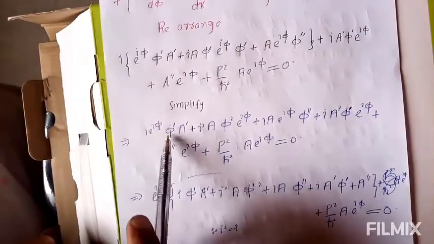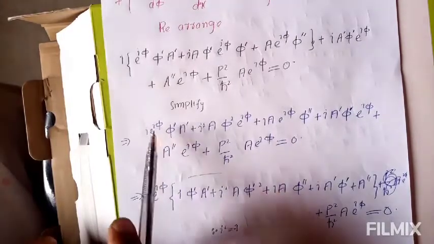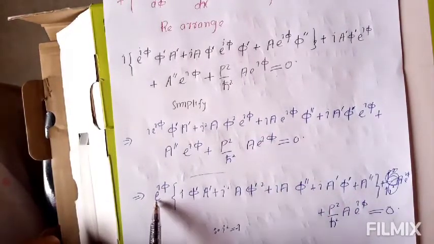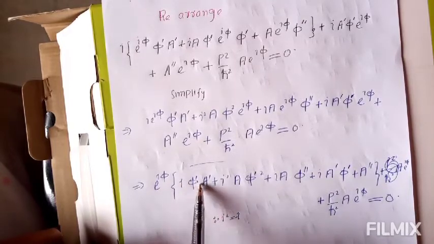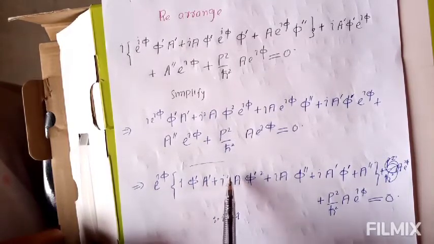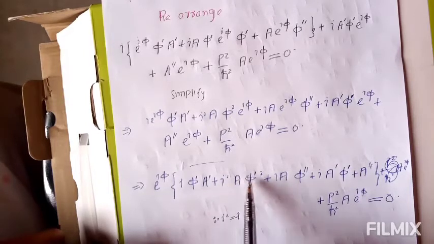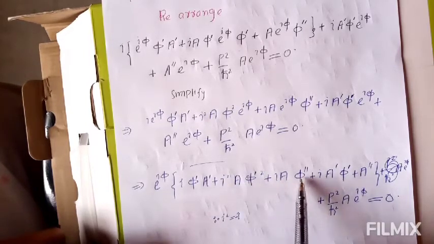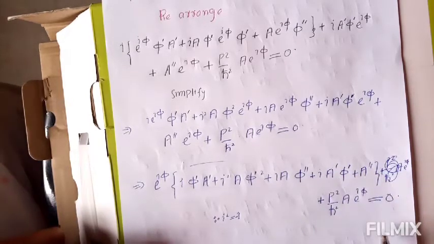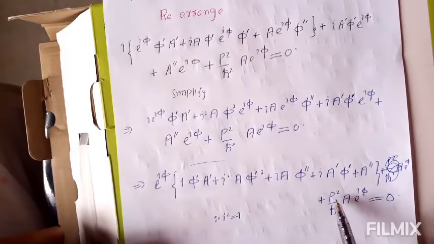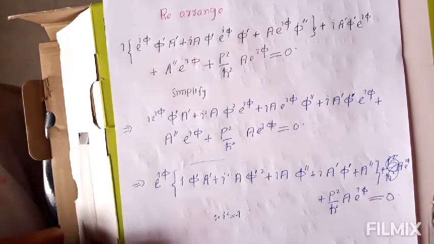Now take common e power iota phi from all of these, so it will become e power iota phi into iota phi dash a dash plus iota square a phi dash square plus iota a phi double dash plus iota a dash phi dash plus a double dash, and plus p square over h cut square into a e power iota phi is equal to 0.